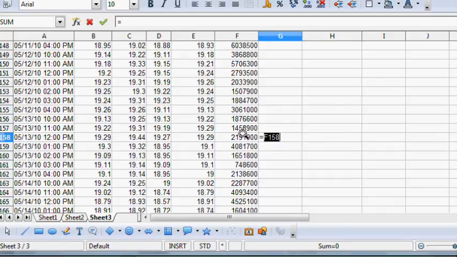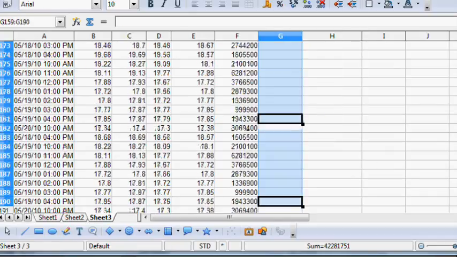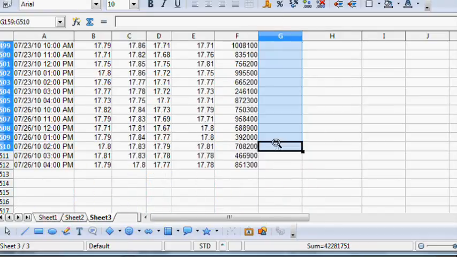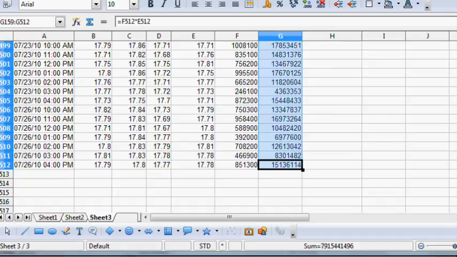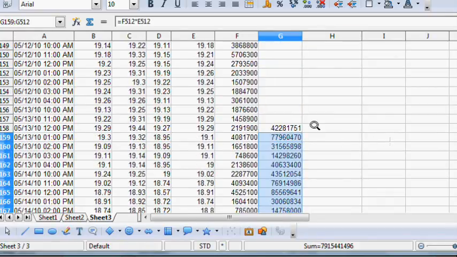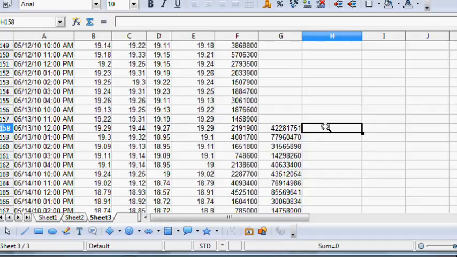So we take the volume here and multiply it by the final price of 1929, and we can copy this all the way down to the bottom. So it takes the total, that is the volume multiplied by the price.